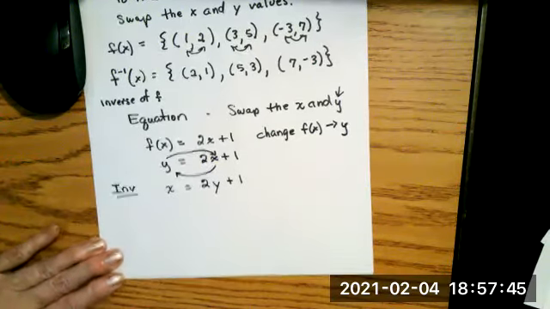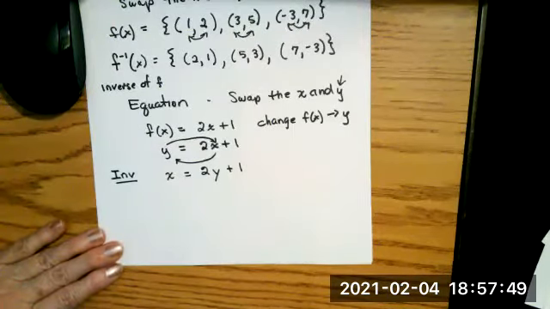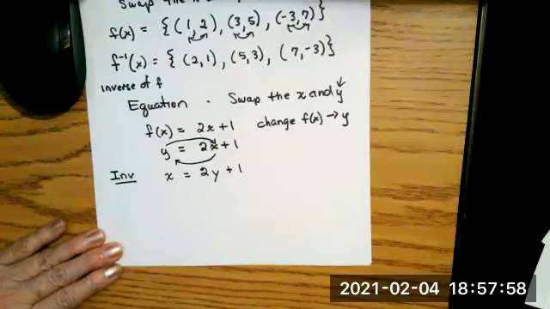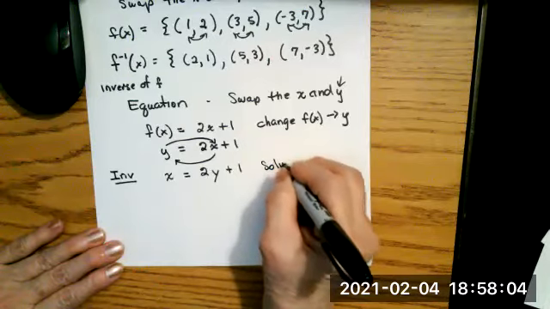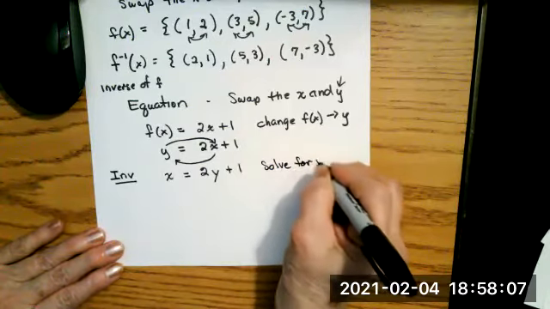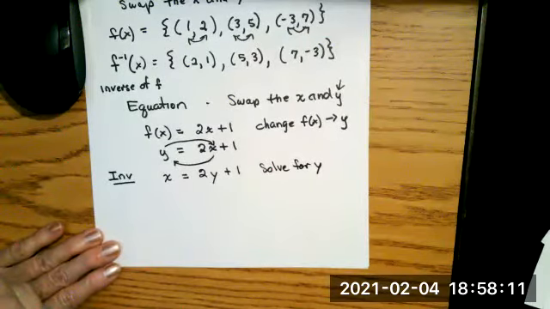Now, in the first example that you're going to do this for, they'll let you just leave it like that. But later on, it will ask you to solve it for y and write it in the inverse notation. So we're going to go ahead and do that one at this point. So we're going to solve for y. This is where I was telling you, I usually don't ever leave the variable that I'm solving for on the right side.